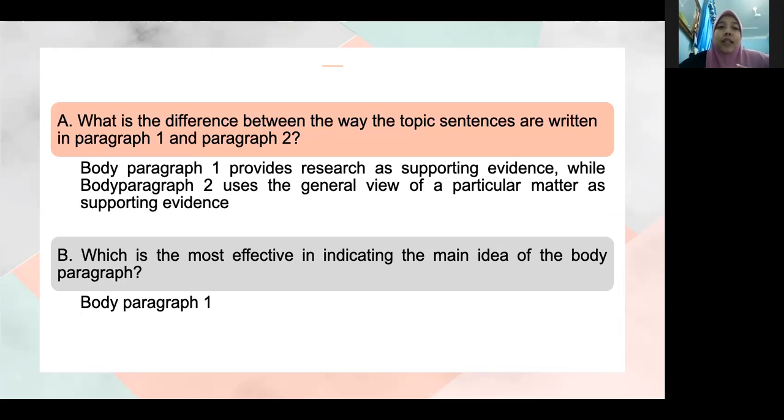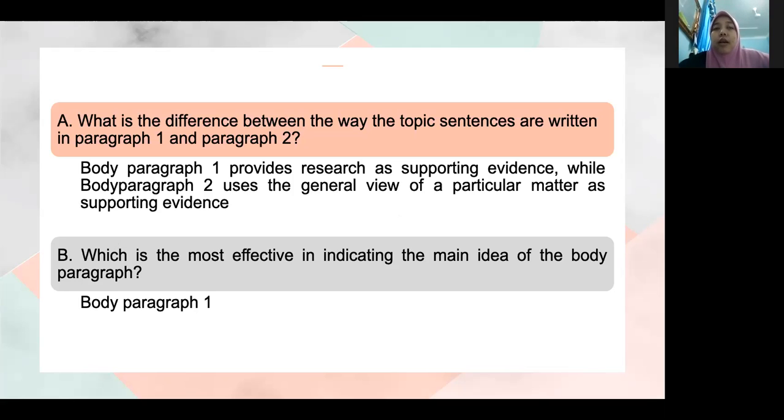So as I can see, body paragraph 1, they provide us the research as the support evidence, while for body paragraph 2, are using the general view of a particular matter as supporting evidence. So for B question is, which is the most effective in indicating the main idea of the body paragraph?